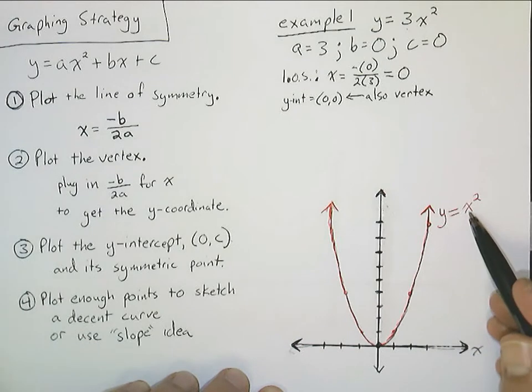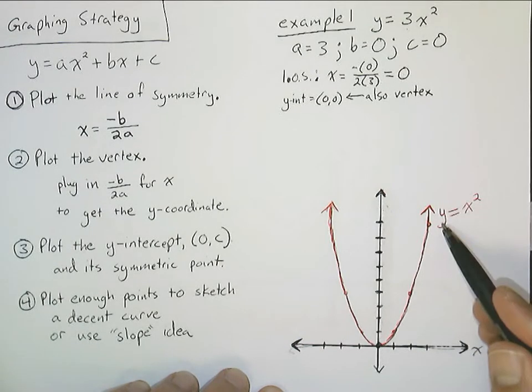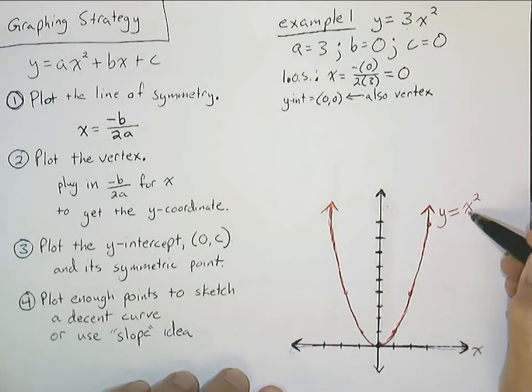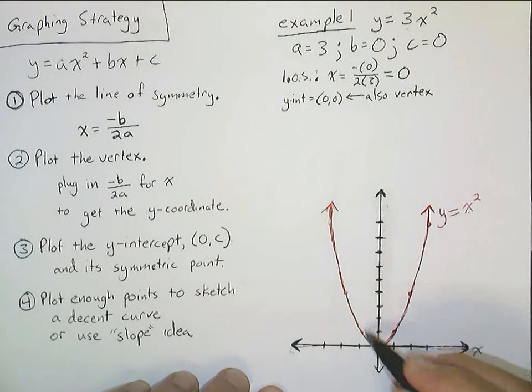Because, of course, when you plug in 1 here for x, 1 squared is 1. So you can think about going over 1, up 1. On the other side, we're doing the same thing. To the left 1, we would also go up 1. Because if we plug in negative 1 for x, the square of negative 1 is a positive 1. So the regular steepness kind of goes over 1, up 1.